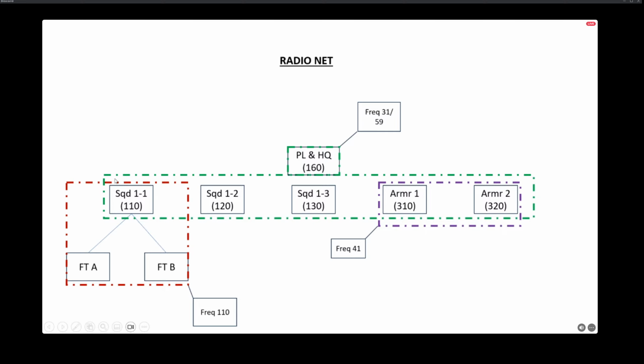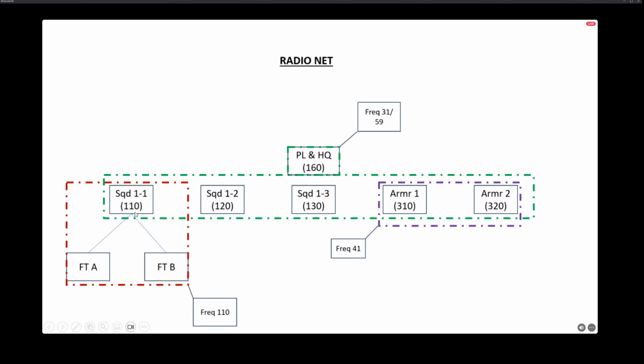Now within the squad itself, you need to have a separate radio net, because of course the 10 guys in a squad need to talk to each other. They need to share information, and it is better done over a radio than sending a runner to get that done. So the squad itself would have its own net. Here, for example, I've denoted it as 110.